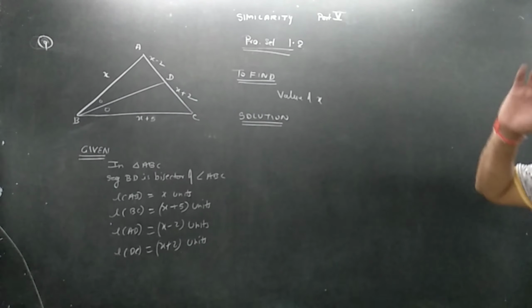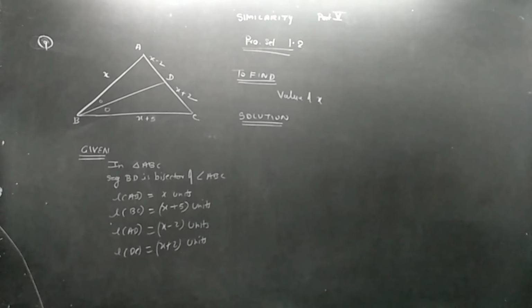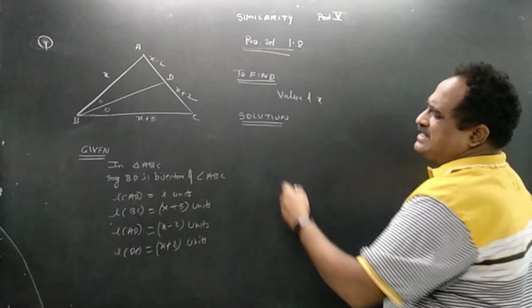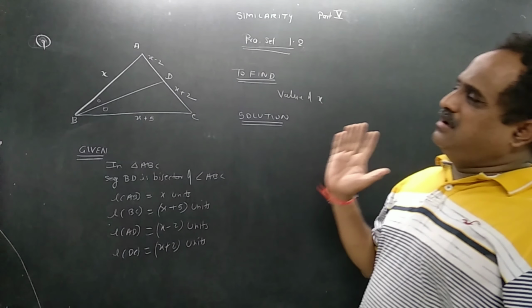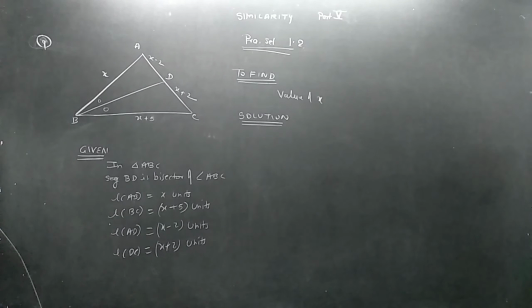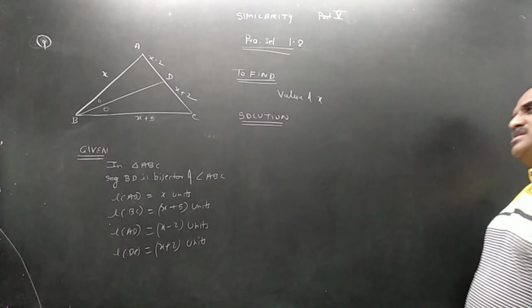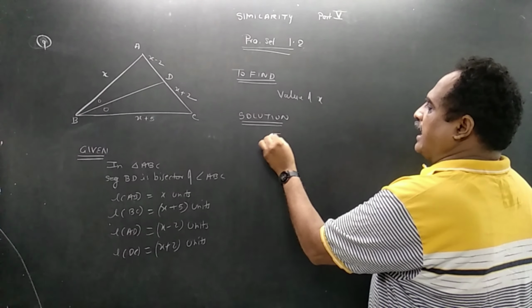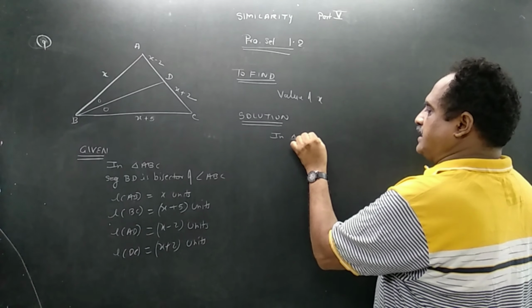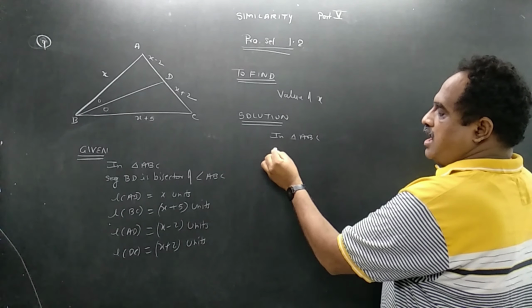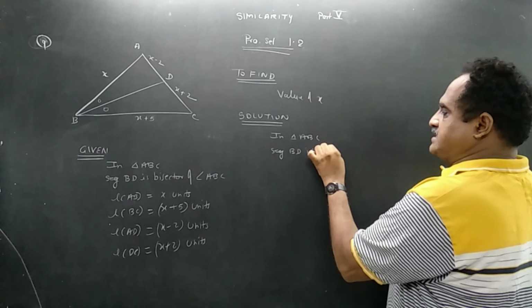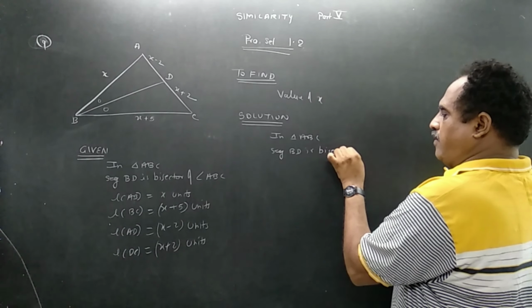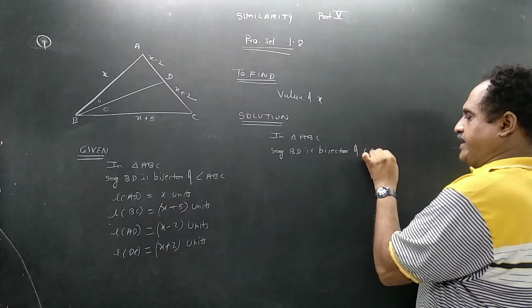Now whatever is given in the figure, according to that, we have to just see. They have given that BD is a bisector of angle ABC, means you are going to apply the theorem of angle bisector of a triangle. Simple way. In triangle ABC, segment BD is the bisector of angle ABC.